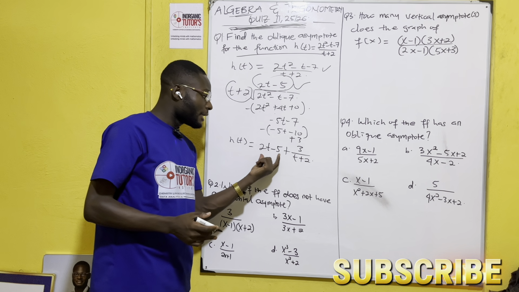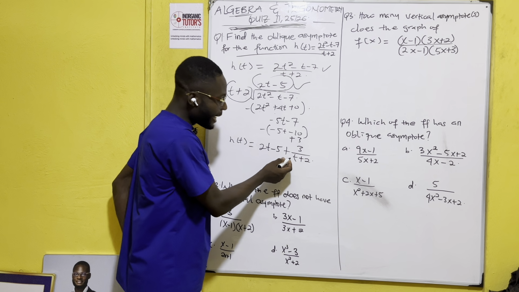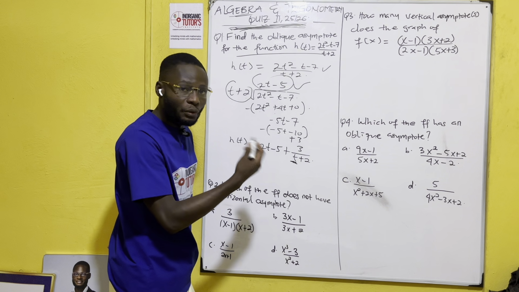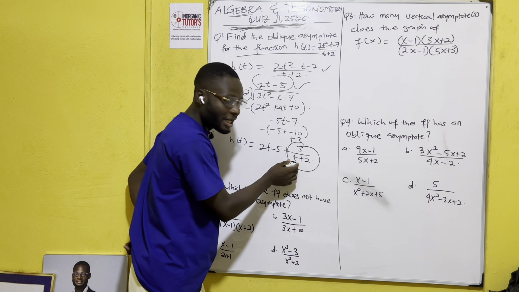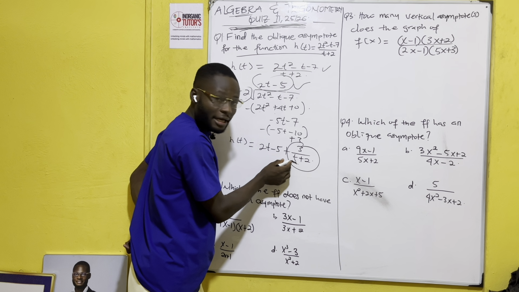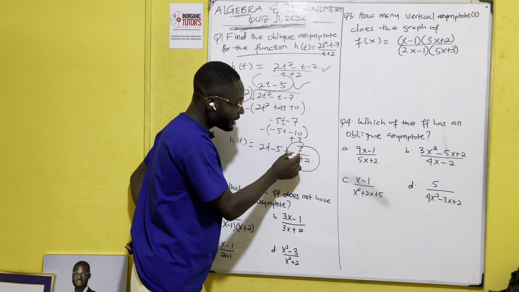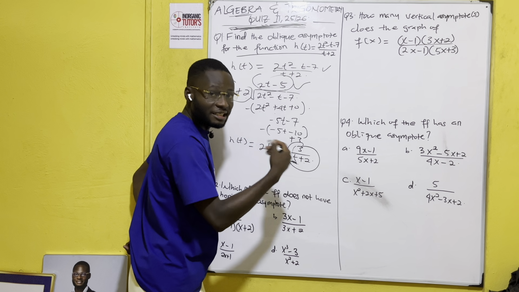Now, look at this function. We can see that as t approaches infinity, this fraction will tend to 0, right? If you put infinity here, you have what? Infinity. And 3 over infinity is 0. Anything over infinity is 0.